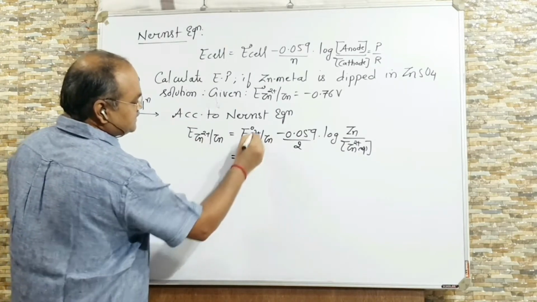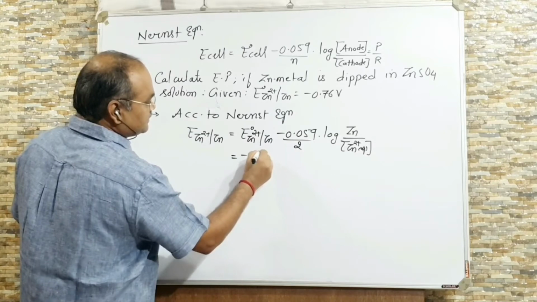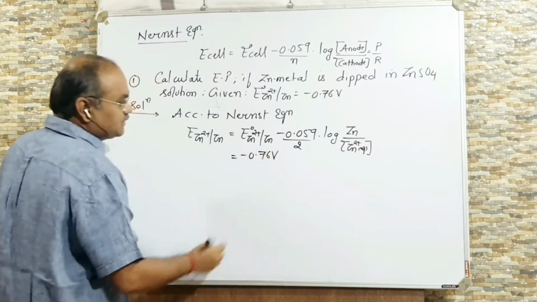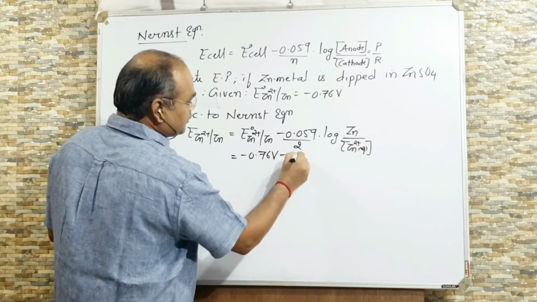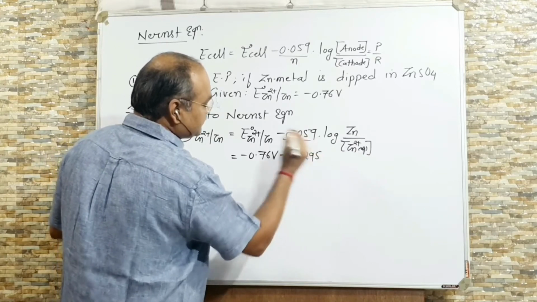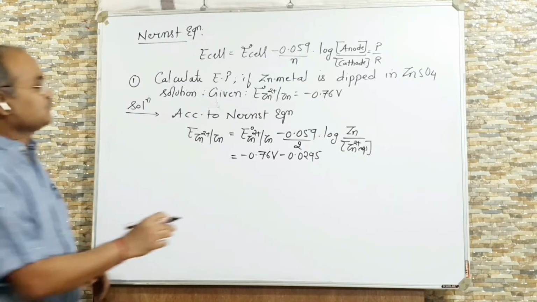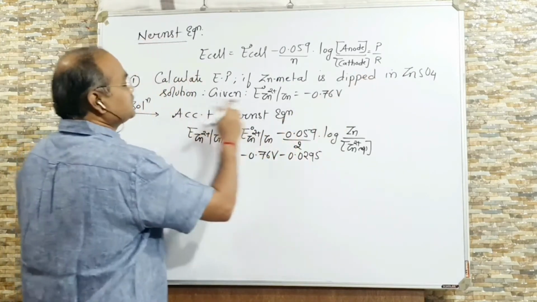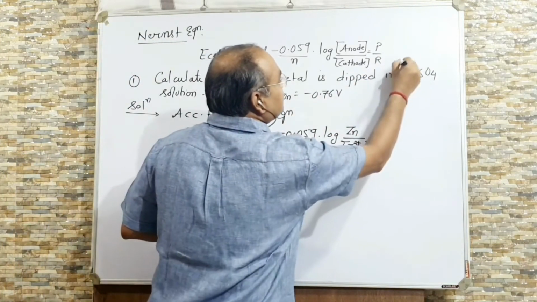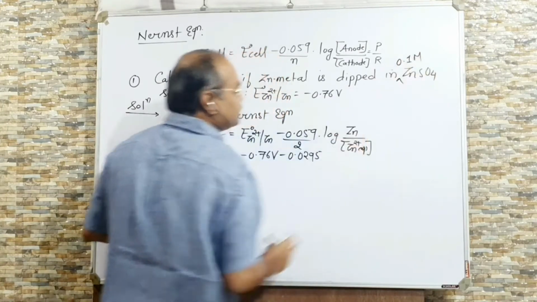Now this you have to calculate. This is given to you, minus 0.76 volt. This if you divide it will be 0.0295, right? And concentration of ZnSO4 solution is 0.1 molar given to you.